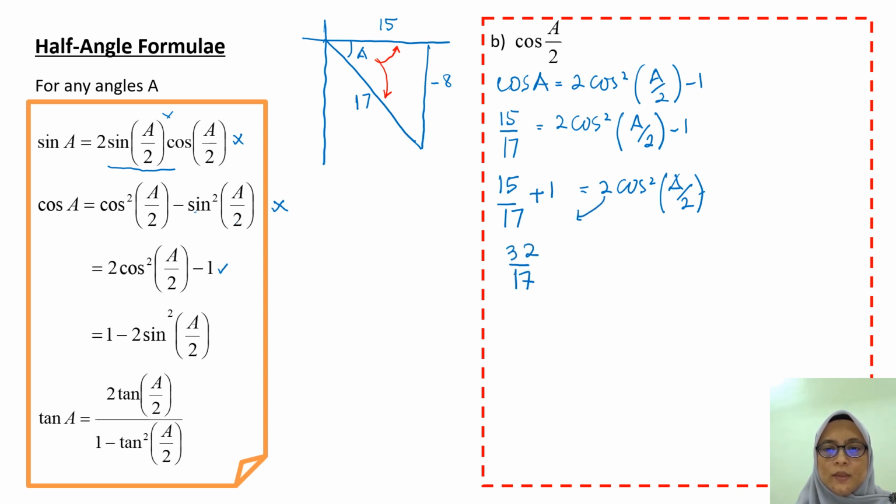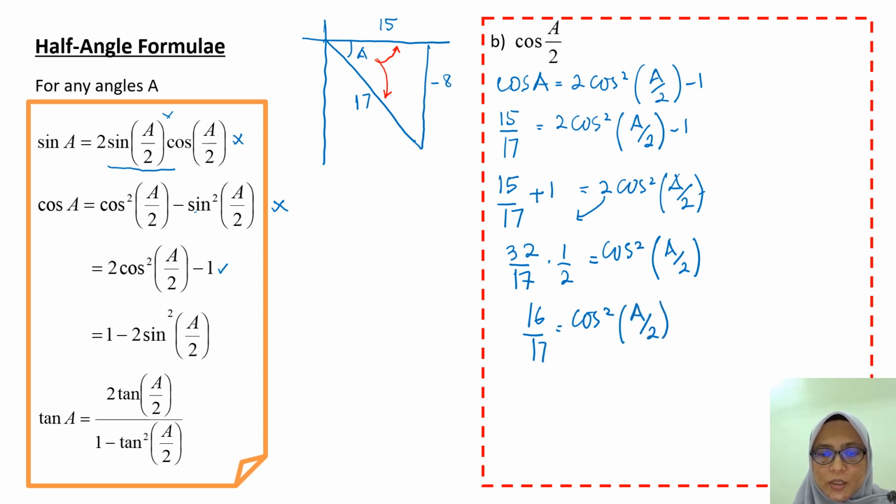So 2 goes over here to become 1 over 2 of it, equals cos square A over 2. So you will get 16 over 17 for cos square A over 2.